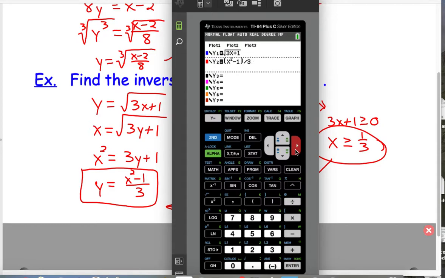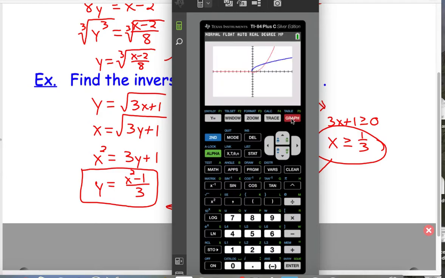and I could get fancy here. I'll say in parentheses x, let's go to my test menu, number 4, (x squared minus 1) divided by 3.